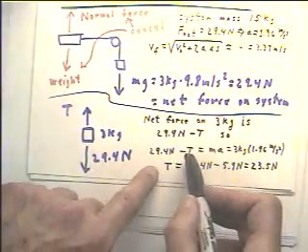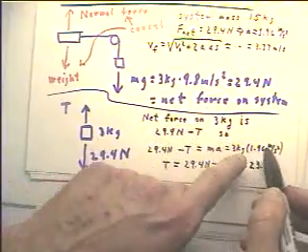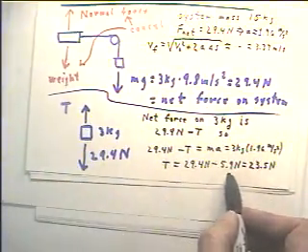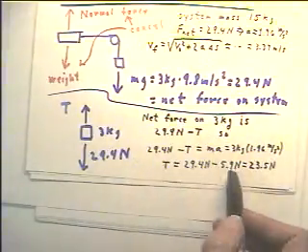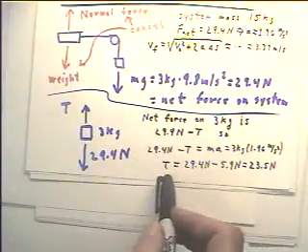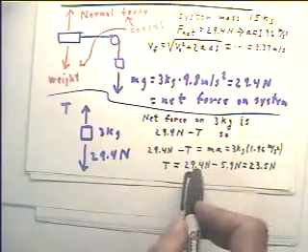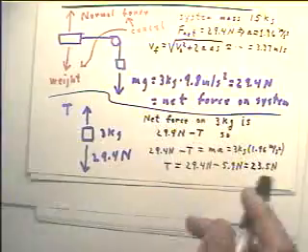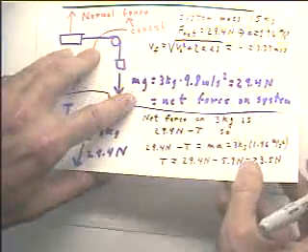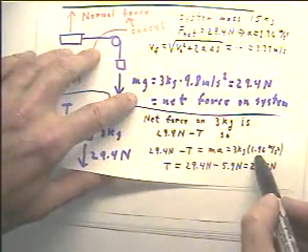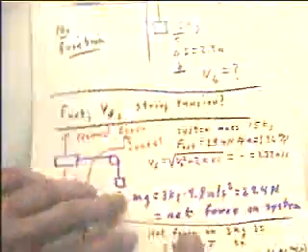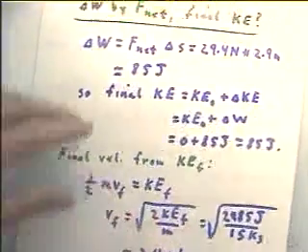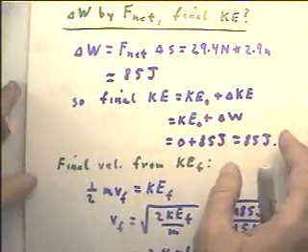When we multiply this, it comes out 5.9 newtons, so we could subtract that from both sides. You can go through the algebra details, but we get a tension of about 23.5 newtons. And again, this is because the actual acceleration is 1.96 meters per second squared, and not 9.8 meters per second squared, as it would be if the string wasn't there.